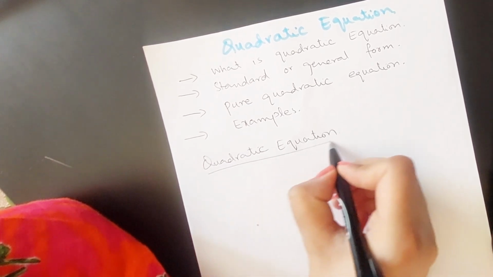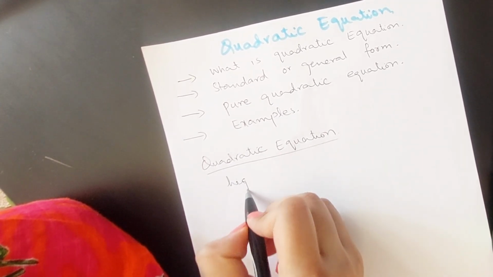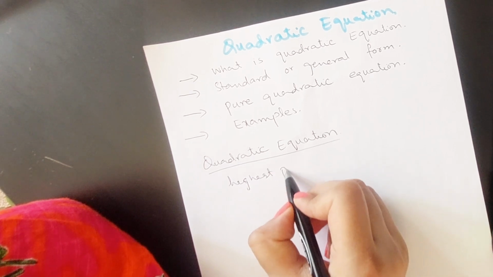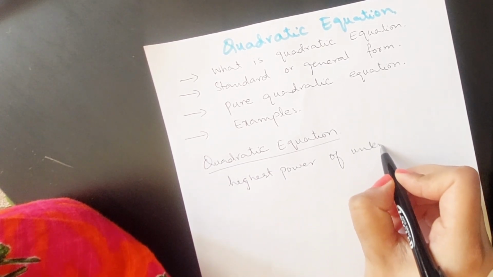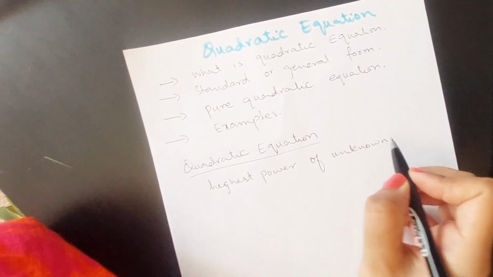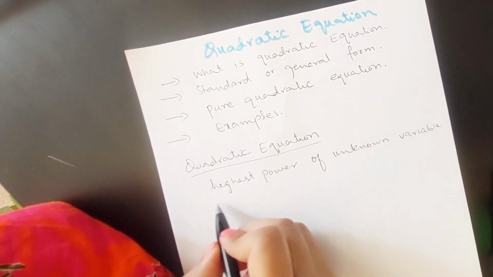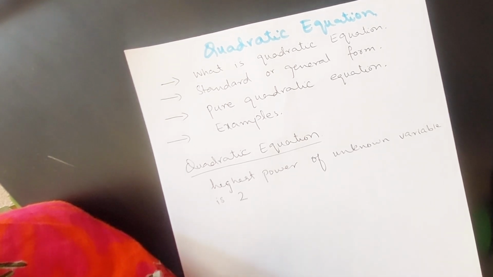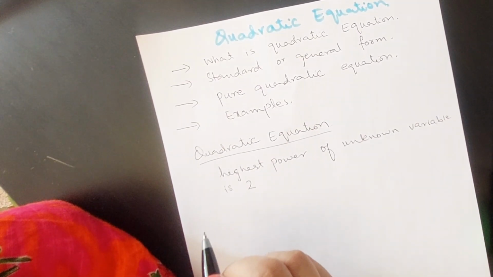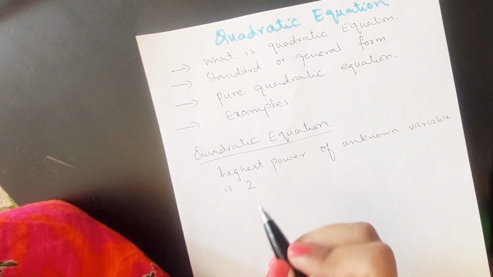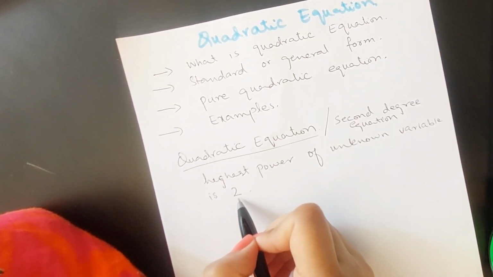Quadratic equation is an equation in which the highest power of the unknown variable is 2, right? Highest power of the unknown variable is 2. That is called the quadratic equation. This is also called the second degree equation because the highest power is 2.